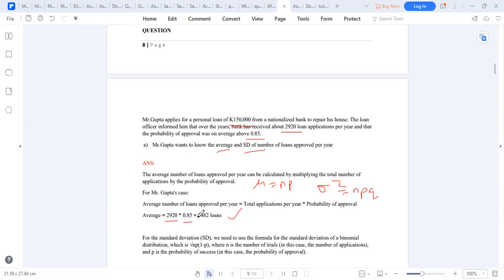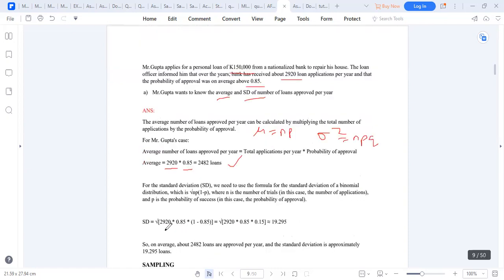And our Q should be 15% or 0.15. So to find this, we square root it. So 920 times 85% and 15%. You multiply and you square root this. So we're going to get 10.92. So on average, we're going to have 782 loans approved per year with a standard deviation of 10.92. Expect a question like this.